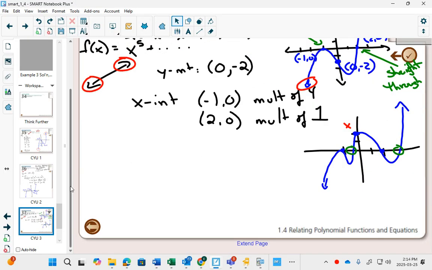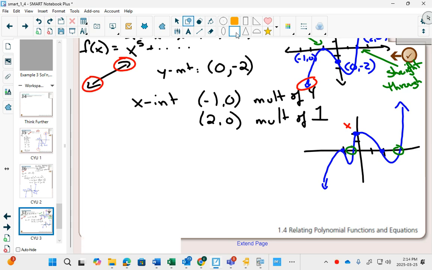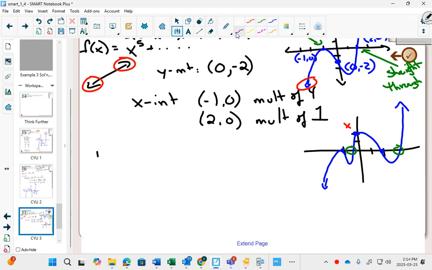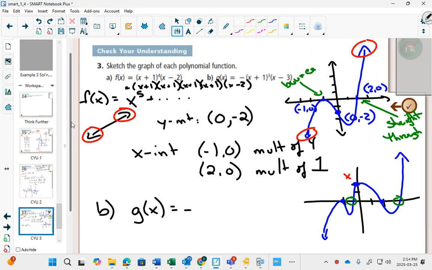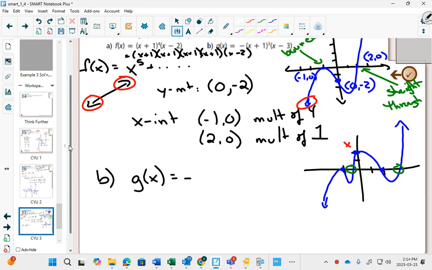All right, let's look at B. Again, B is already factored, but here I'll just rewrite it out. So it's given to us like this, negative. And I'm going to do what I did last time.